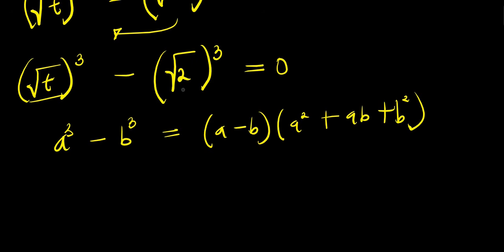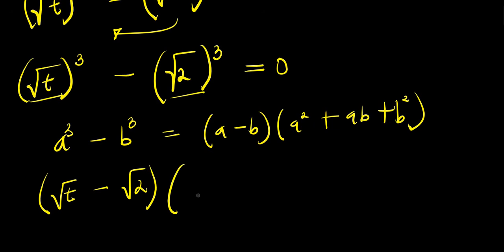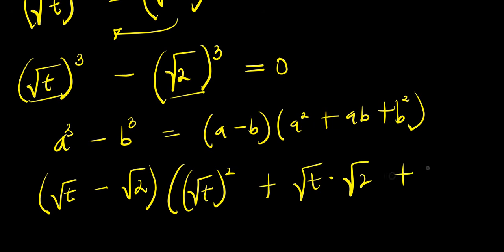This is my a, this is my b, so I'm going to have root t minus root 2 times root t power 2 plus root t times root 2 plus root 2 power 2 equals 0.